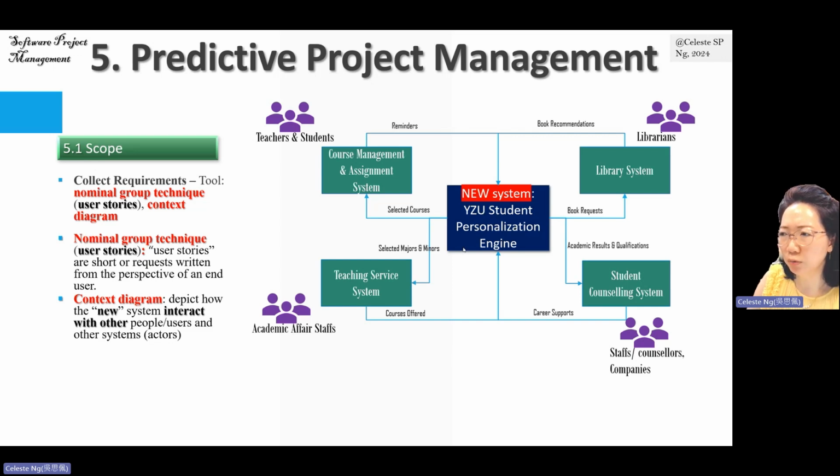And now we want to look at this new system from a slightly different perspective. We want to know how our new system interacts with other systems in an organization. What I want to say is that this is a new system.